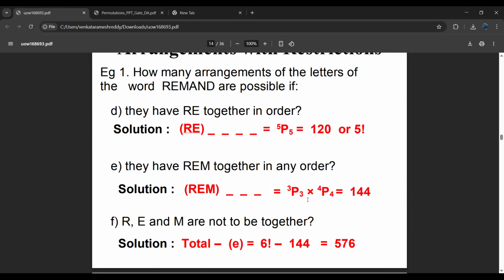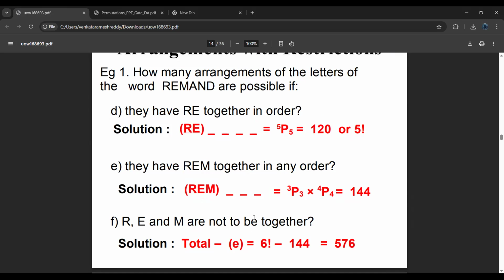So 3 factorial or 3P3, into, next, you need to include this as one unit. 1, 2, 3, 4. For these four blanks, in how many ways can you arrange these four letters? REM is 1, the remaining are 3, so 1 plus 3 is 4. In how many ways can you arrange these four letters in four blanks? 4P4 ways. So 3P3 into 4P4 equals 144. Like that you will get.